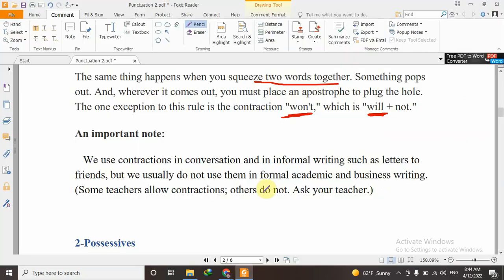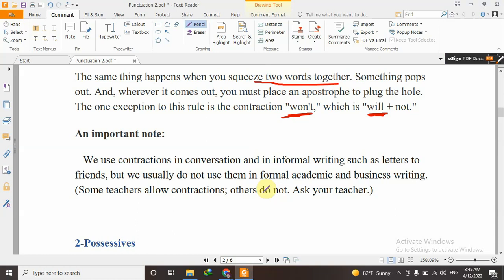If you write the words in the contraction form, some teachers won't accept this for you, and will say that this is not the formal way of writing. This is the informal way of writing. So it is not allowed for you to use these words.